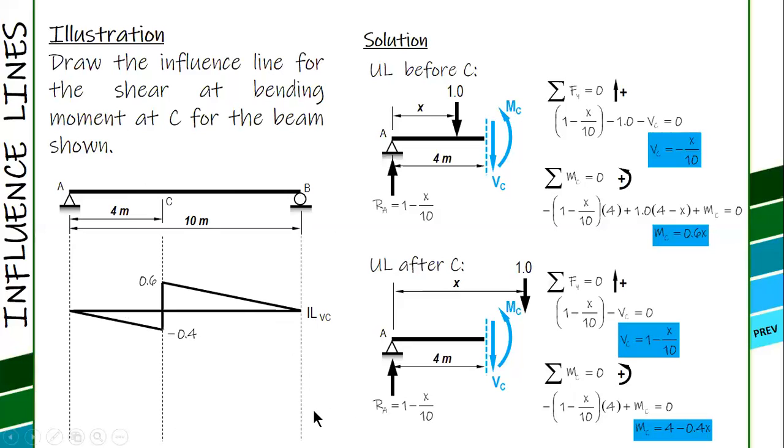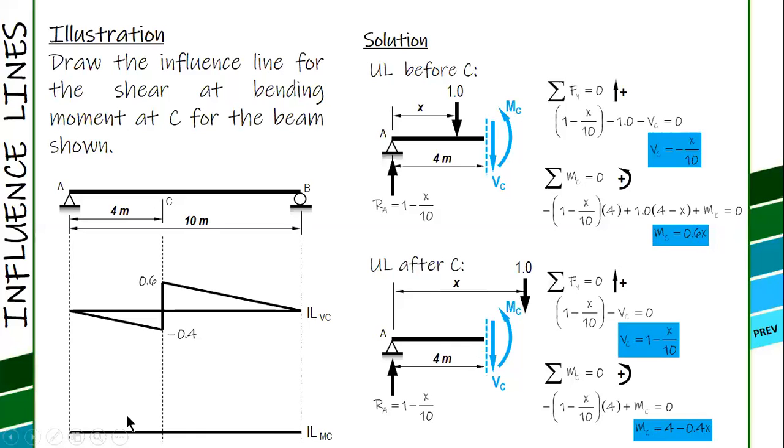And for moment, pwede nyo i-join, pwede na sa dili. Okay, so for moment, this equation is for x from 0 to 4. And for this one, x from 4 to 10. So when x is 0, 0 a moment. When x is 4, that's 2.4.